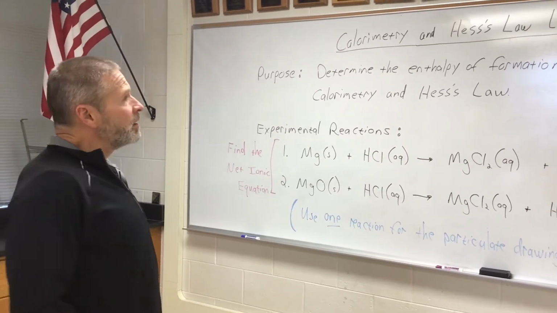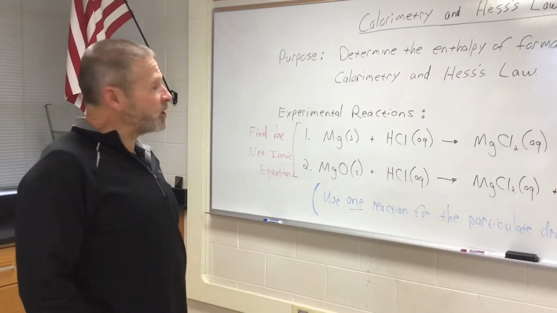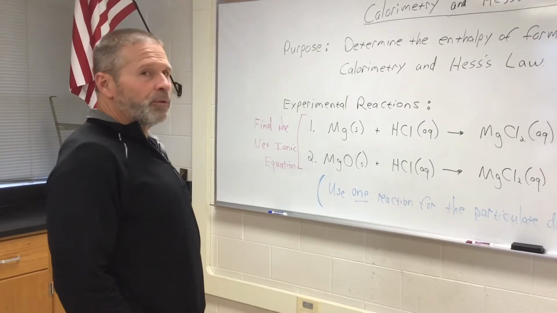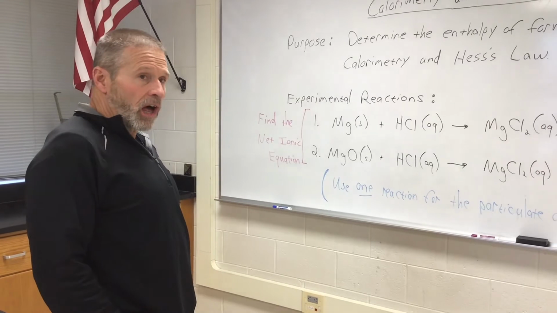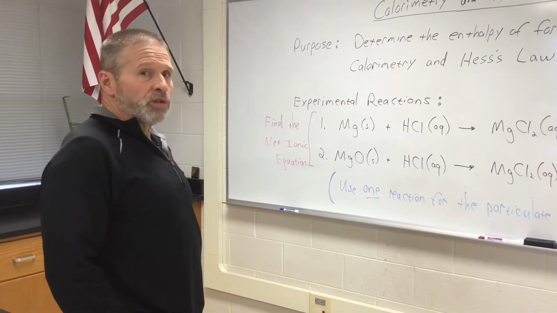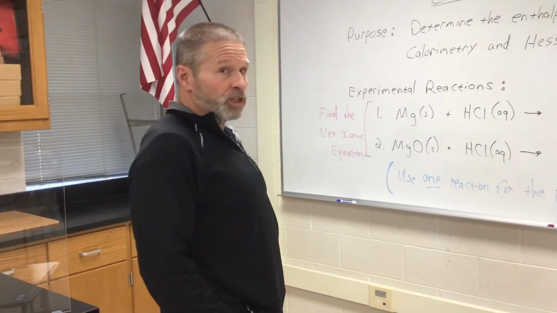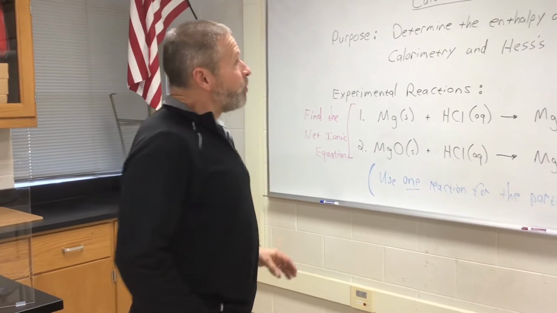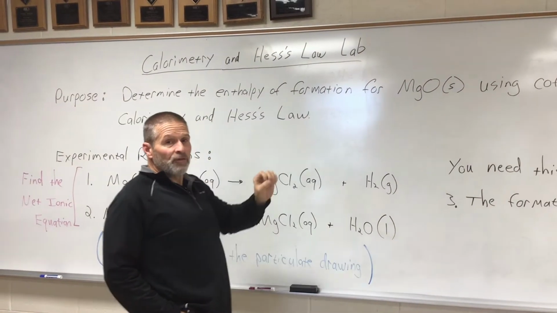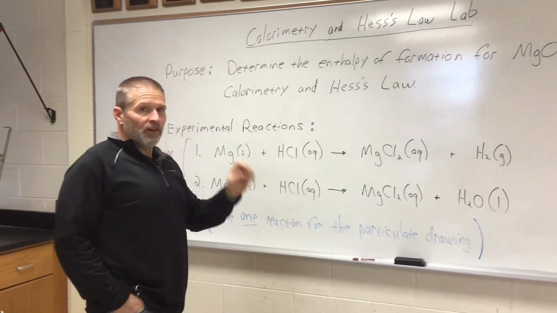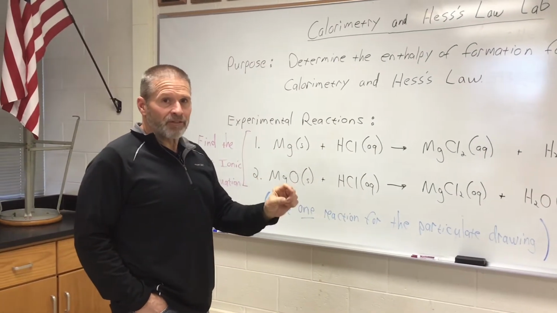So there are actually 3 different reactions that you're going to combine using Hess's law to calculate that enthalpy of formation for MgO. And it's important to remember how this is defined. Enthalpy of formation has a very specific definition.